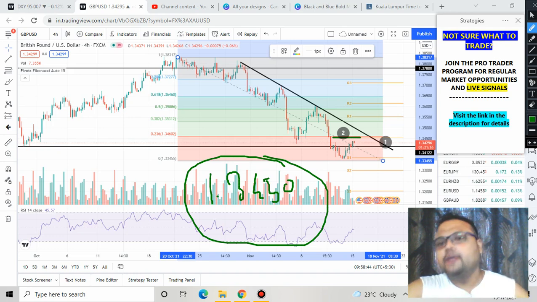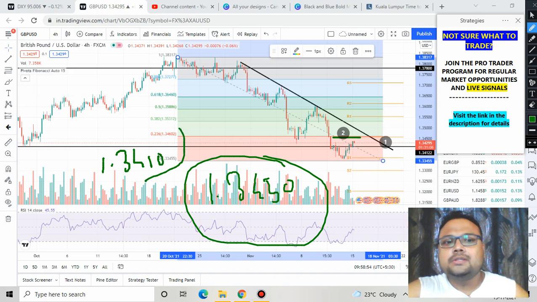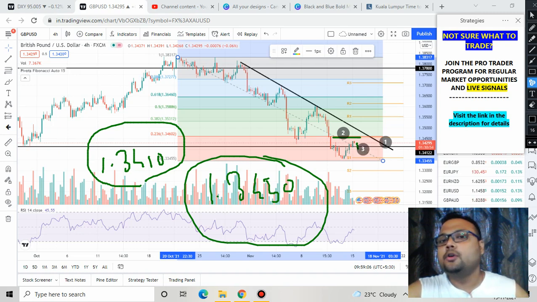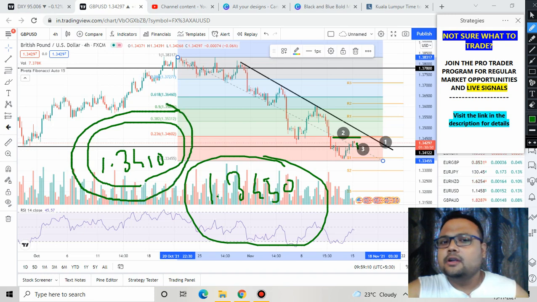The third trading opportunity is quite risky here, so beginners and new traders may avoid it, because 1.3410 was previously the support for the market. So if market breaks the level and starts going down, you can take a sell position below the 1.3410 level. But this level is not a very safe one.